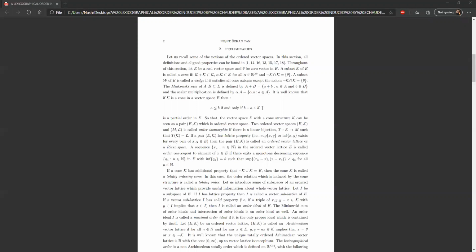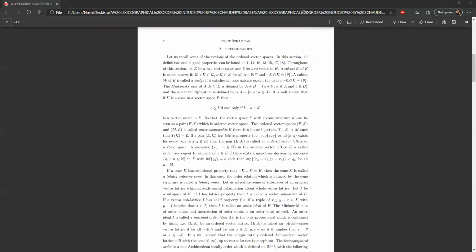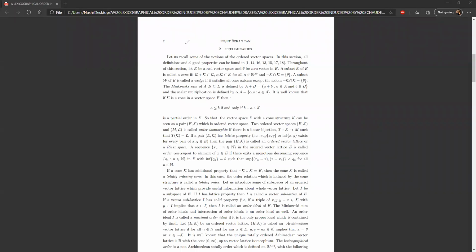Let's say we have a vector space E, which could of course be infinite dimensional, and a subset K in this vector space E. If the subset K is closed under addition and positive homogeneous, and the intersection of K with minus K is just the zero vector, then this subset is called a cone.